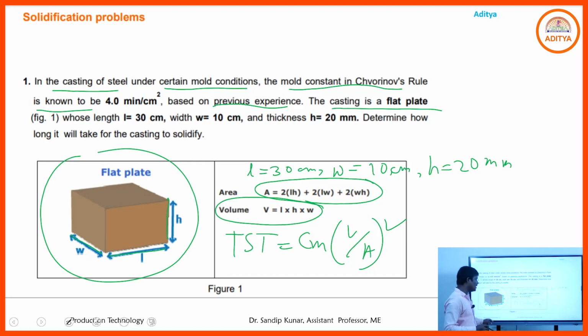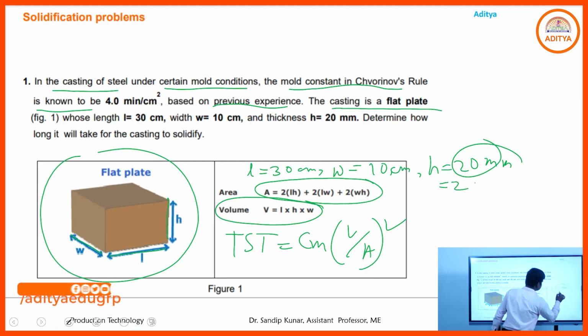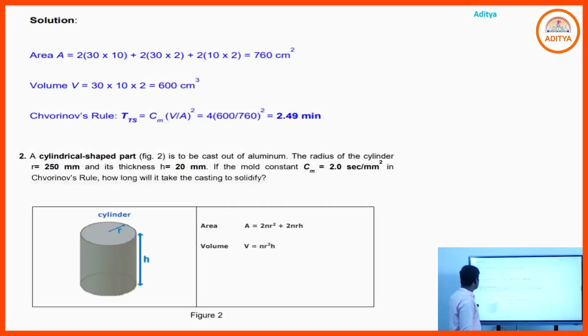We have taken everything in centimeter. That 20 millimeter is also converted into centimeter, meaning 2 centimeter. Here we have seen that the mold constant Cm equals 4 minutes per centimeter squared. All are in centimeters.